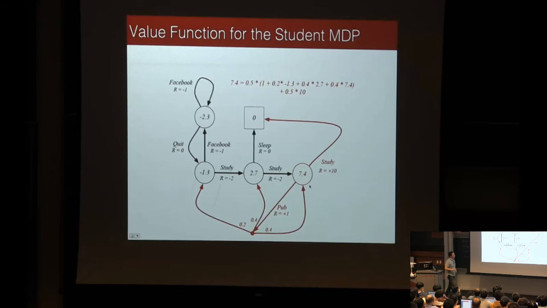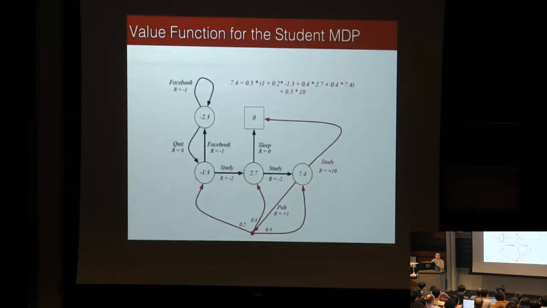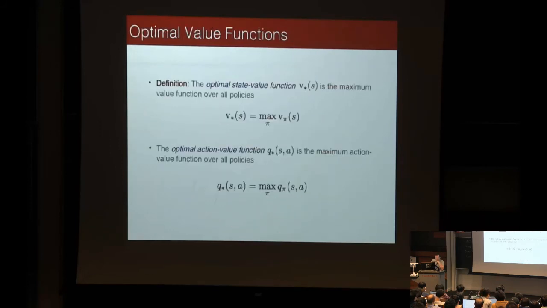So based on this calculation, and these are policies that are given to you, this is the policy saying once you're in this state, with probability 0.2 you go to this state, with probability 0.4 you go to this state, with probability 0.4 you go to that state. This is just an example for you to look at this basic MDP. And I think for your first homework, you'll play with MDPs and do some manipulations and calculations.